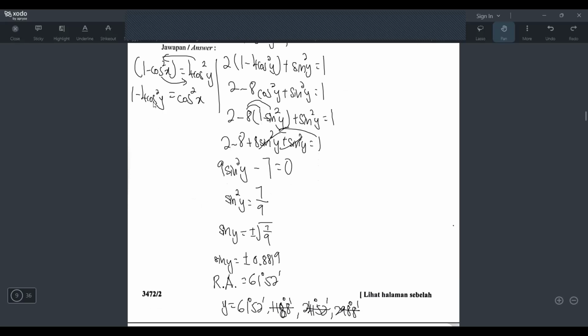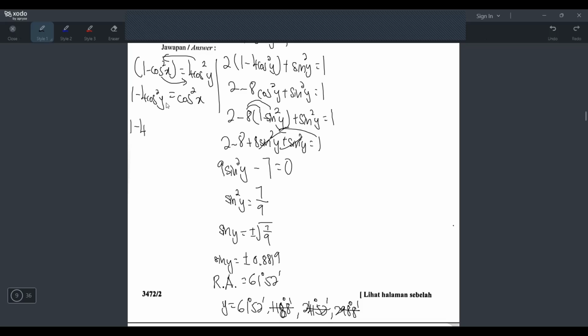Cos square y. Cos square y can actually be what? 1 minus sine square y, right? So let me think. Sine square y. From here I already found my y answer. So to get the x answer, I will try to substitute this one, 1 minus 4.